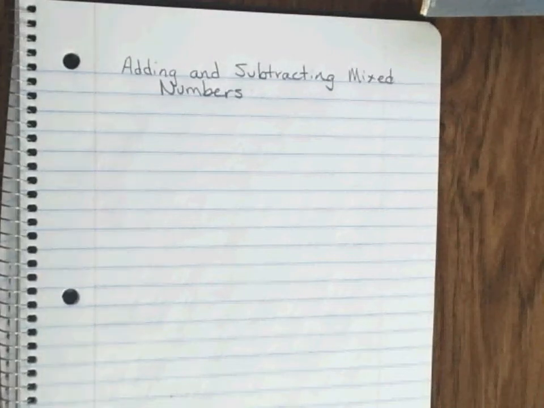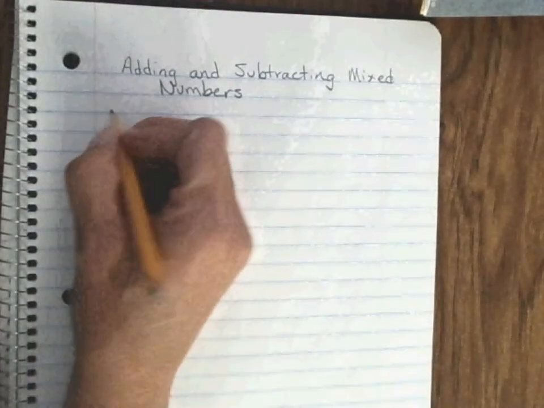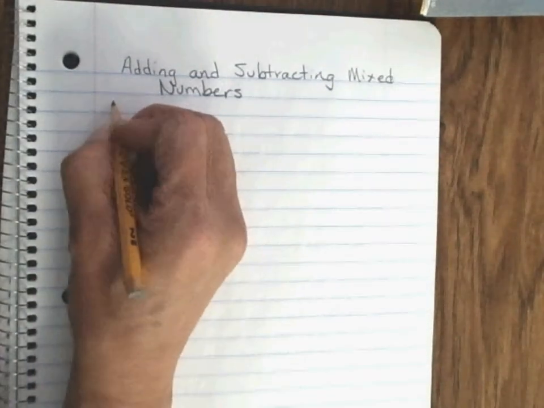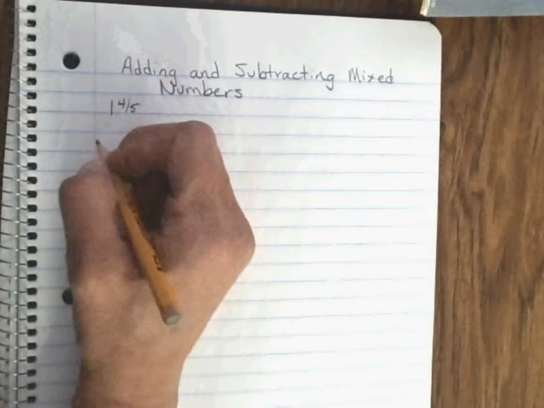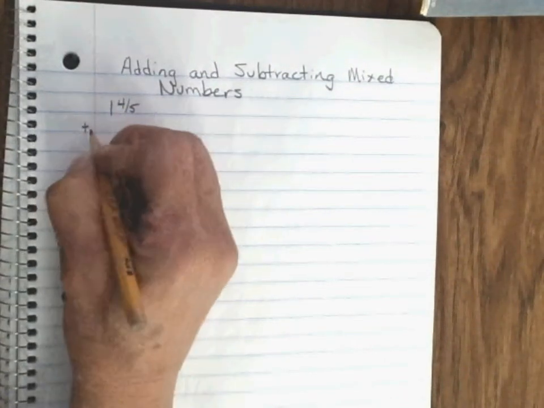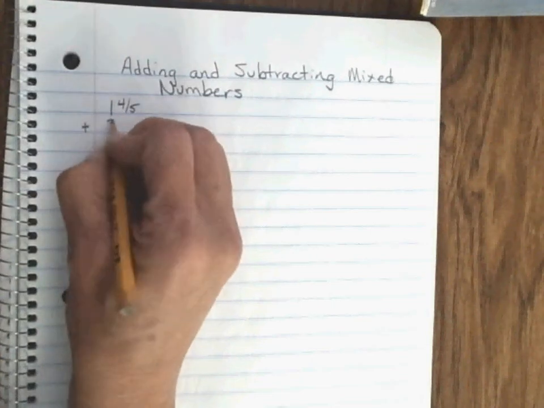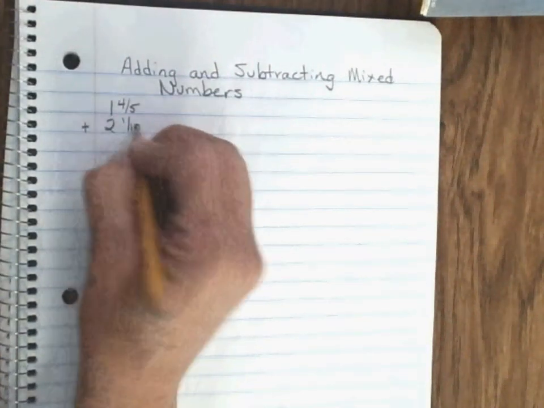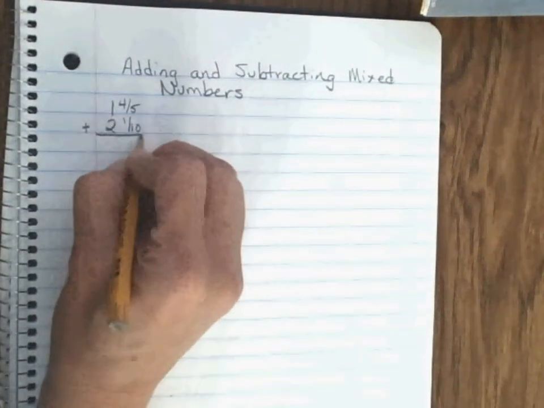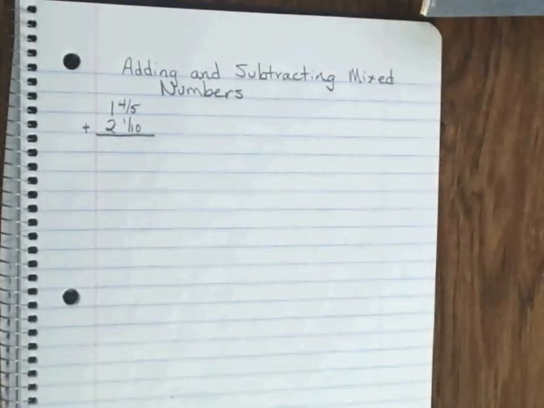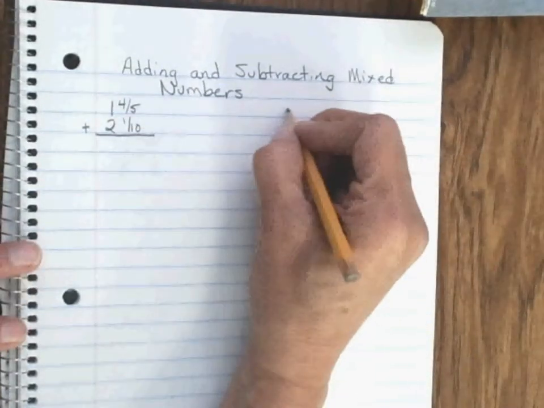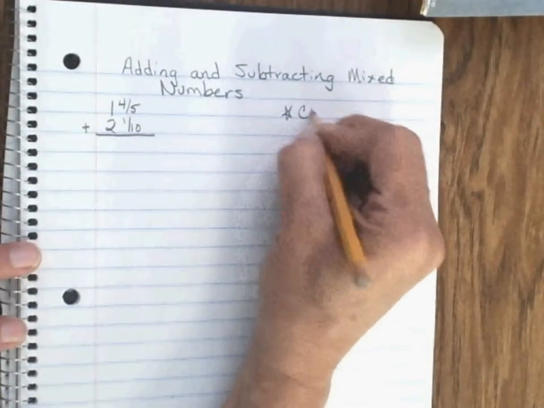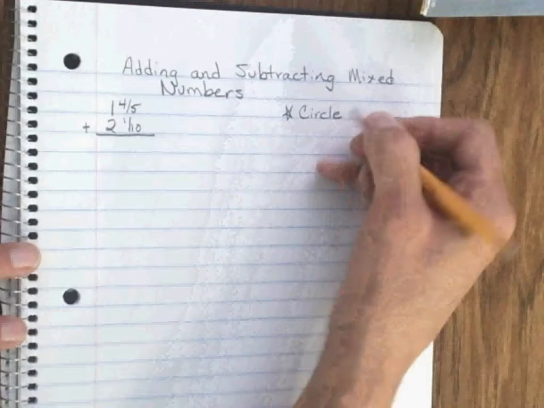So let's say that I have the problem 1 4/5 plus 2 1/10. Well, the first thing I want you to do is circle your symbol, adding or subtracting.